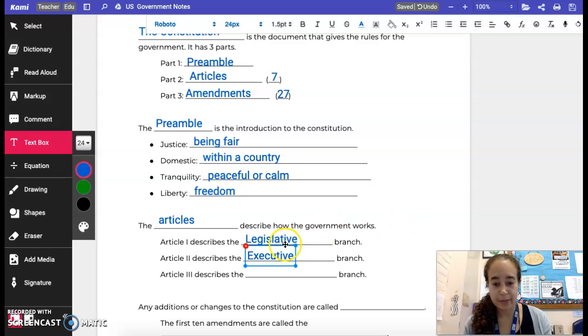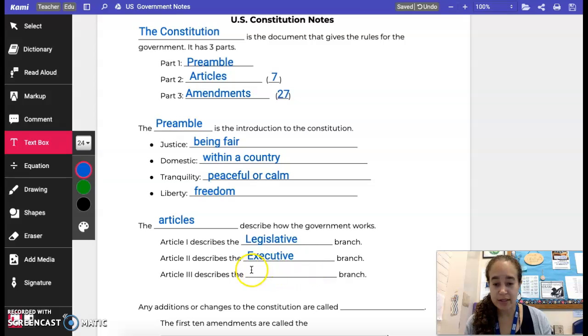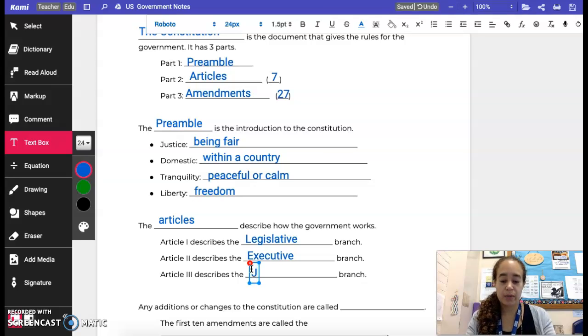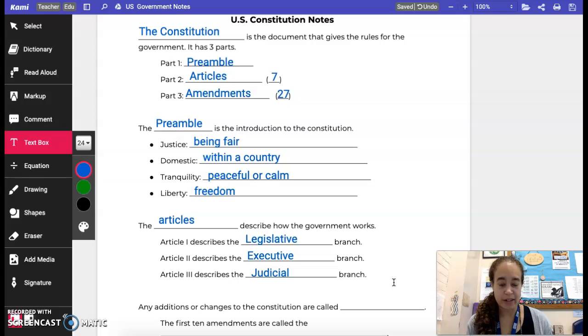We'll look at the executive branch as the president and the people who work with the president, like the vice president and the cabinet. The third branch, the third article, describes the judicial branch. The judicial branch is the court systems, including the Supreme Court.